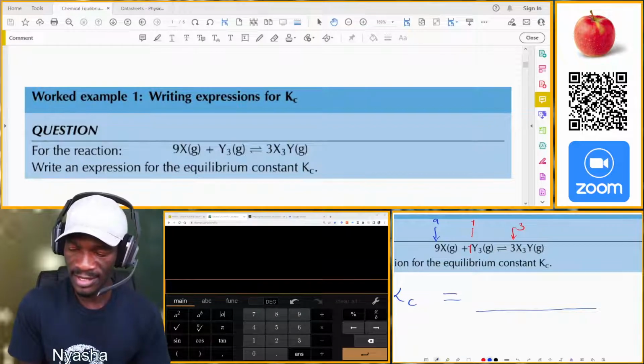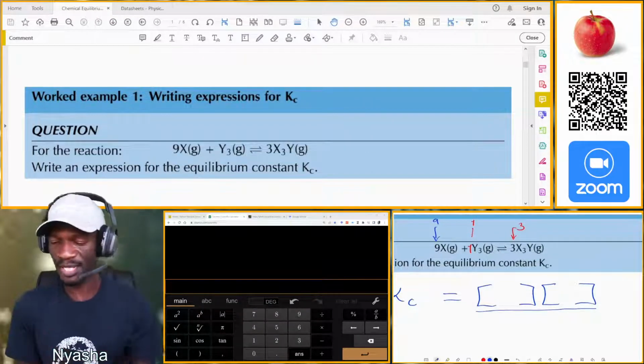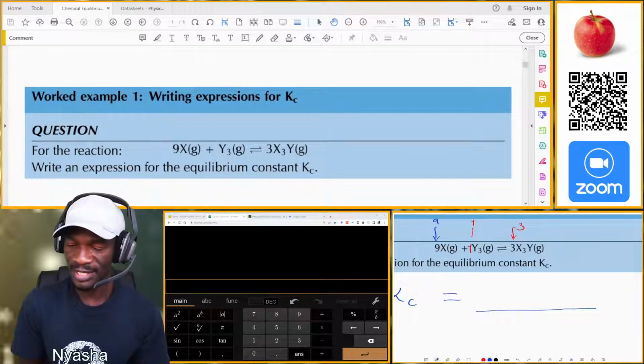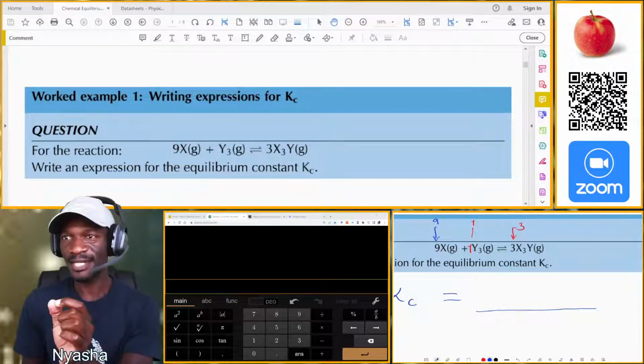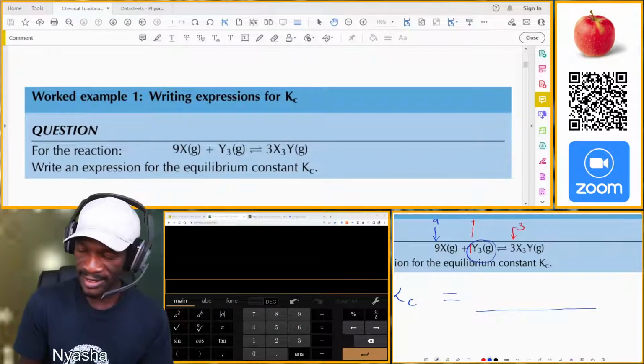So we are looking at the concentrations of the products, whichever number of products that you have, and the concentrations of the reactants, if there's 1, if there's 2, it depends on what's available. In our question, the reactants are the X gas and the Y gas.